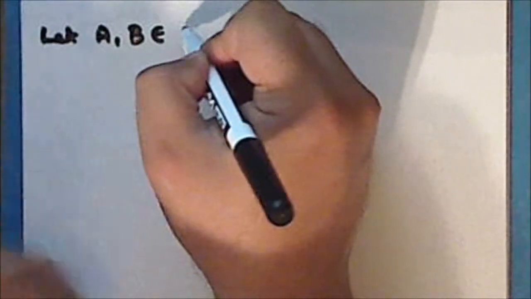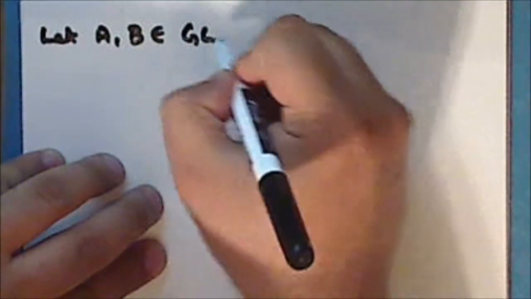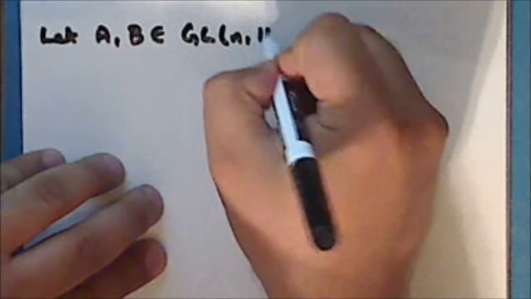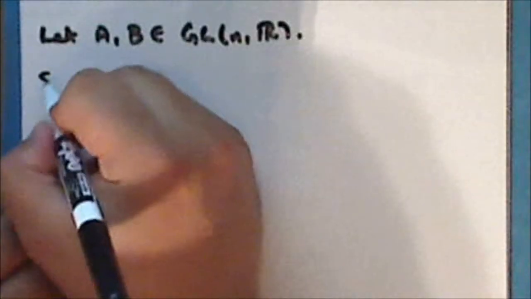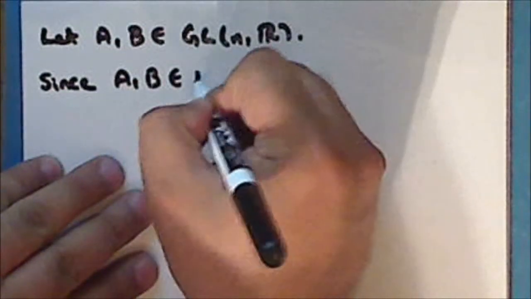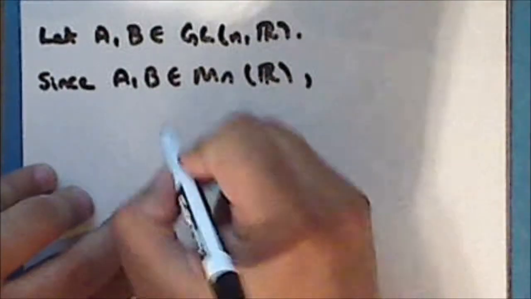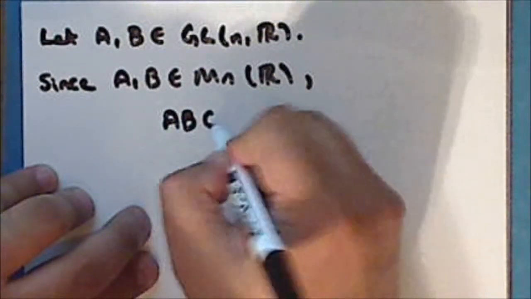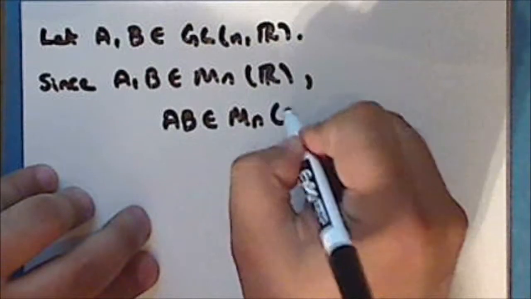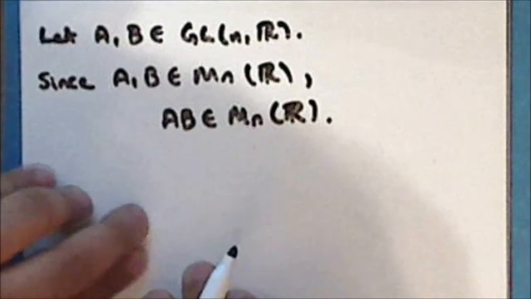Now let A and B be two matrices in this set. Then since A and B are both square matrices of order n, the product A times B is also a square matrix of order n.